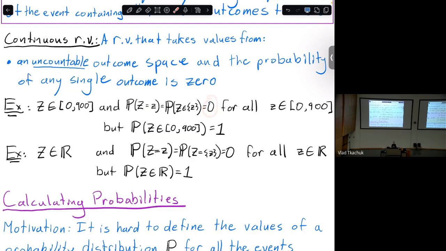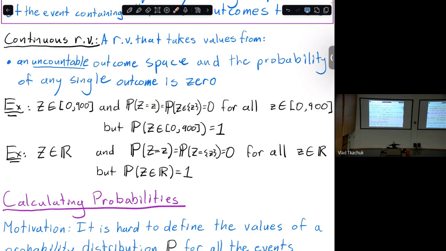And this might seem really weird. We're going to see some examples of how this works, but the intuition is that this interval has an uncountably infinite set of numbers. If you assigned a probability to every single number, then if you summed it up, it would sum to more than 1, essentially, right?